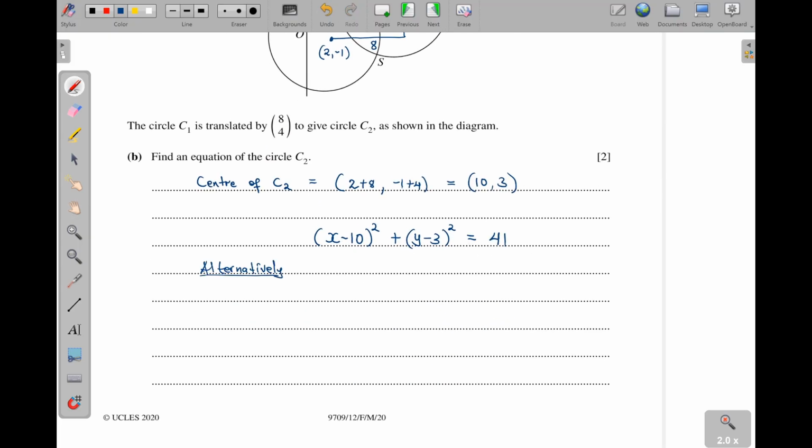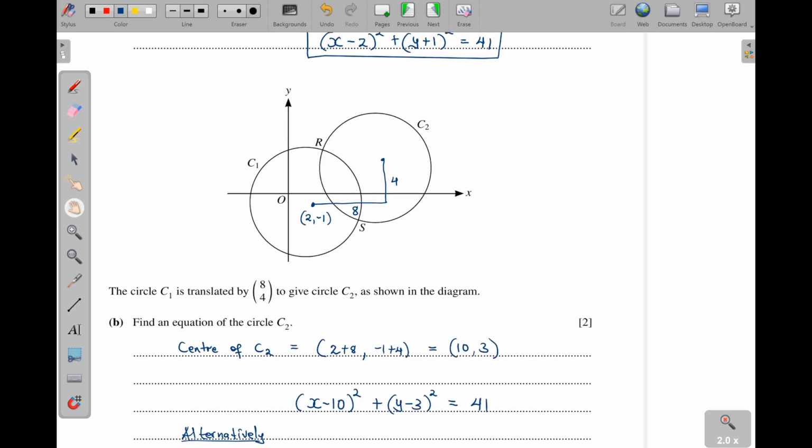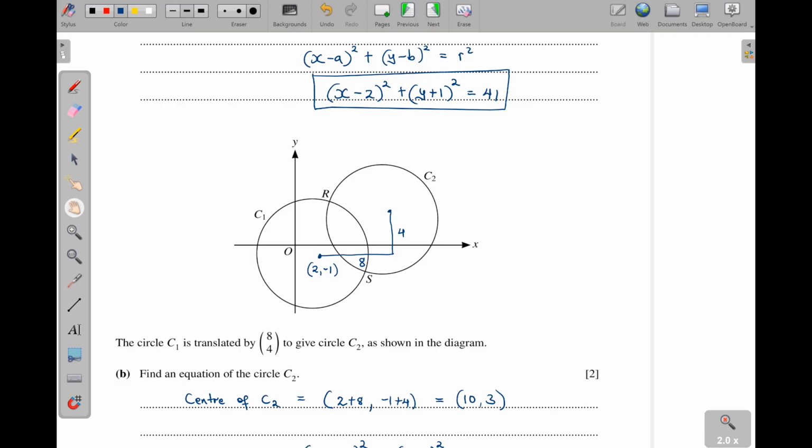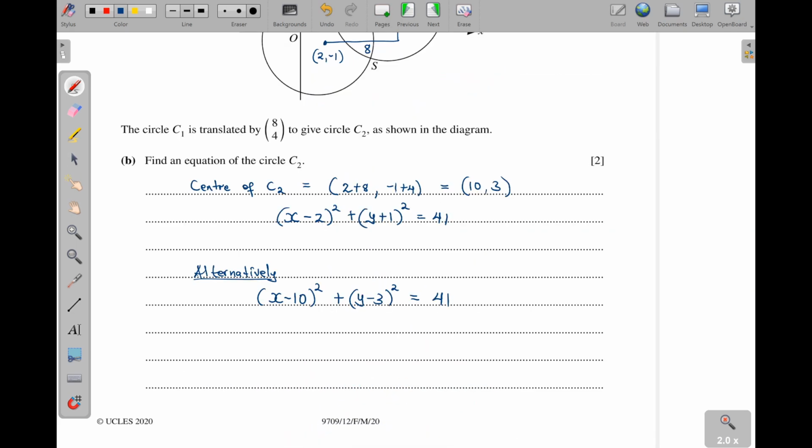Alternatively, we have this circle here, okay? We have the equation is here. I'm going to just shift this one, put it down here. Now we are having a translation vector. Translation vector is 8, 4, okay?